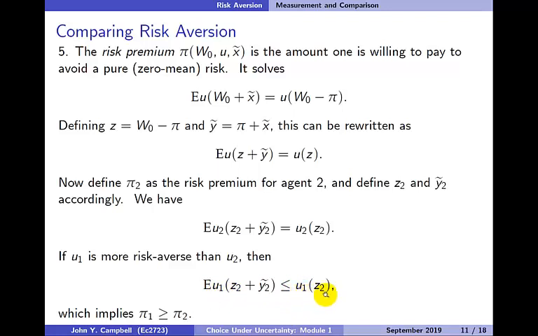That's what it means to say that person 1 is more risk averse: they dislike any risk that person 2 dislikes, and in this particular case they weakly dislike any risk that person 2 is indifferent to. But if we have this statement, this is equivalent to saying that the risk premium for person 1 is greater than or equal to the risk premium for person 2.